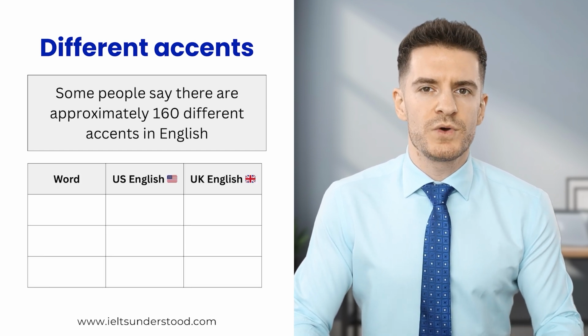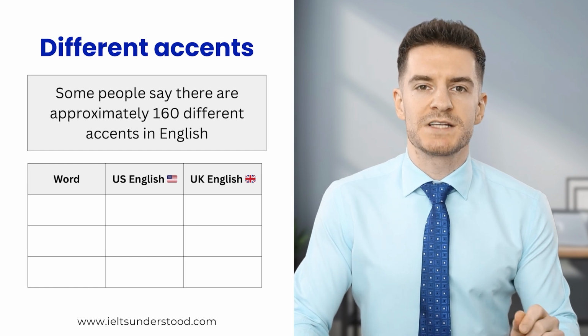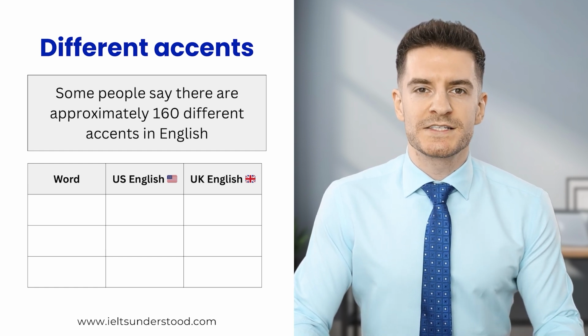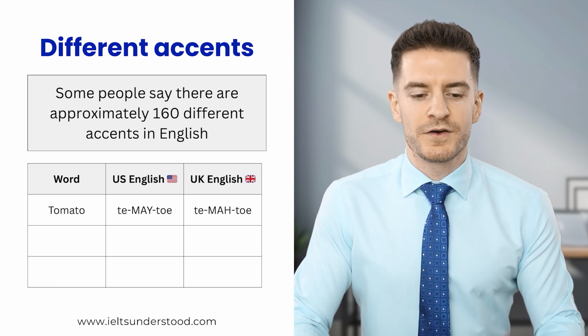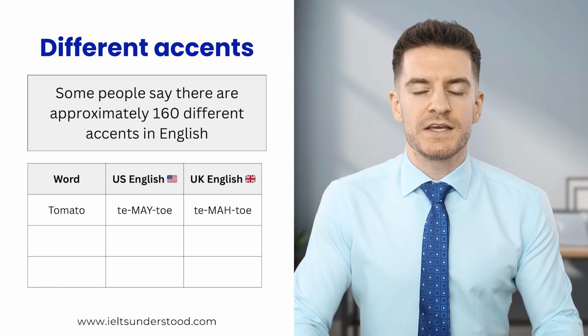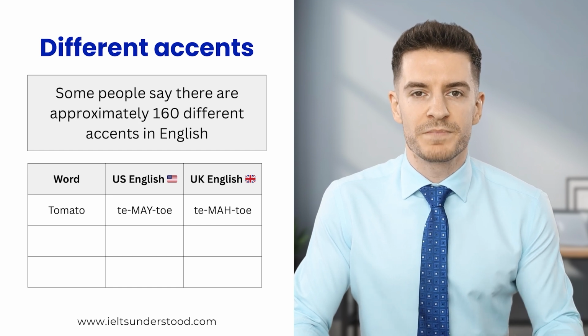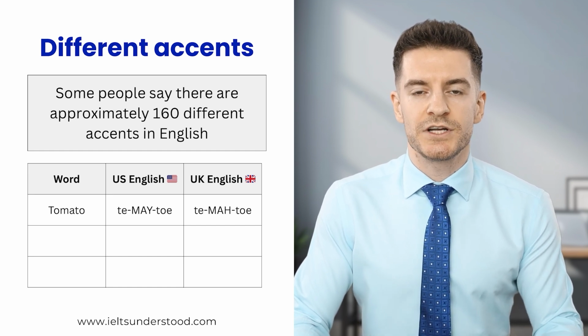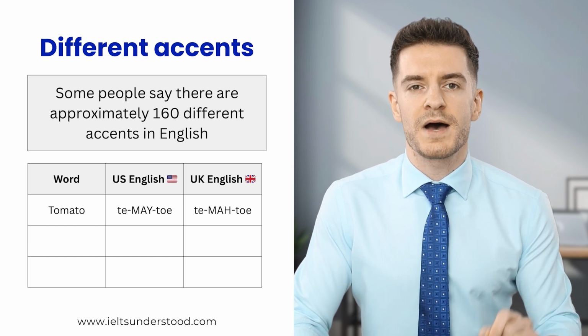So here are some quick examples of differences in pronunciation when it comes to accents. So I'm going to do my best to say some of these words with an American accent. Now, the first one you can see on the screen is pronounced tomato in US English. But in UK English and Australian English, we would say tomato.